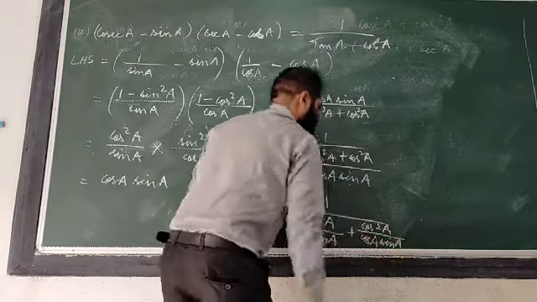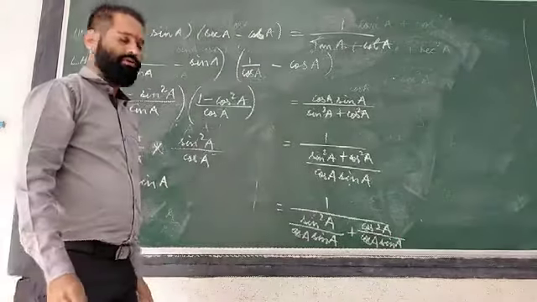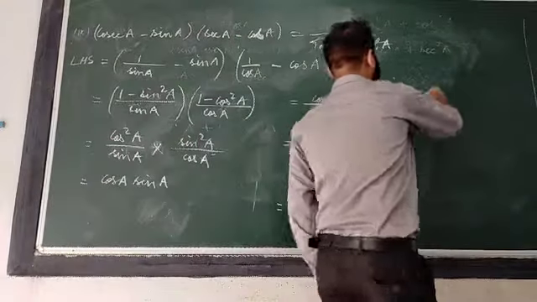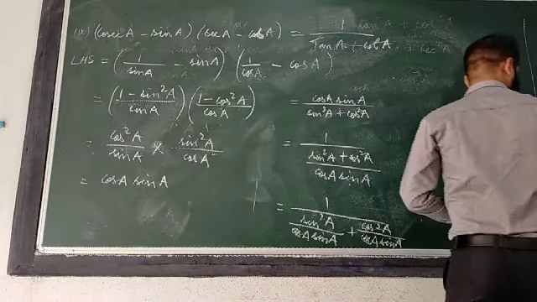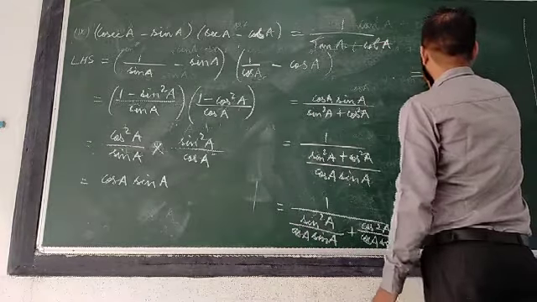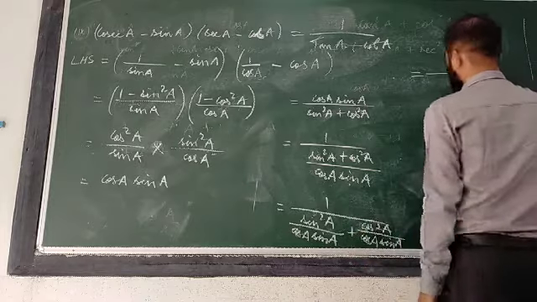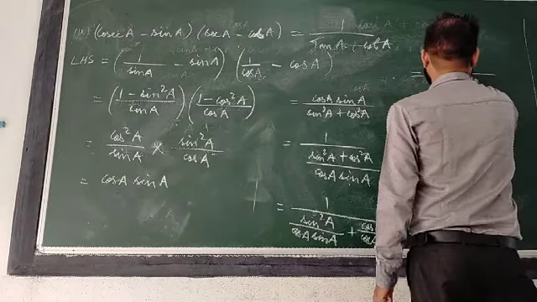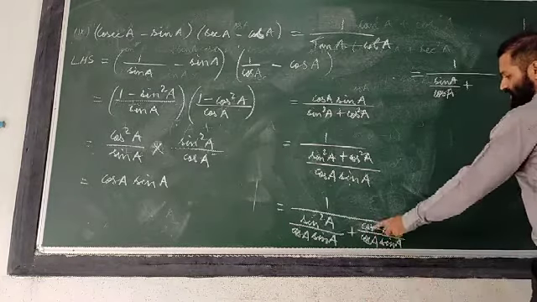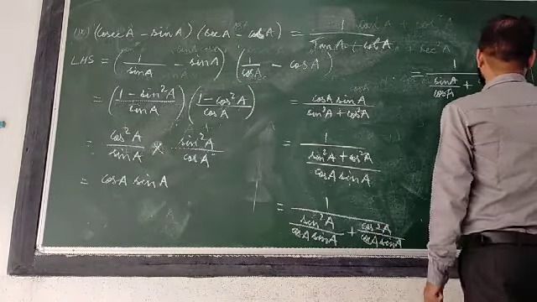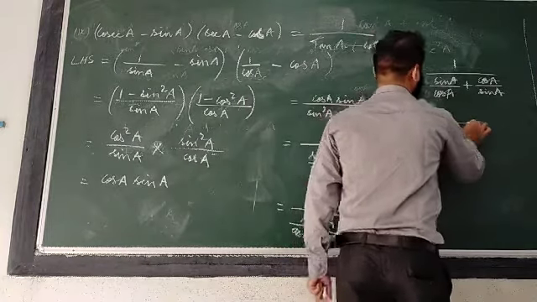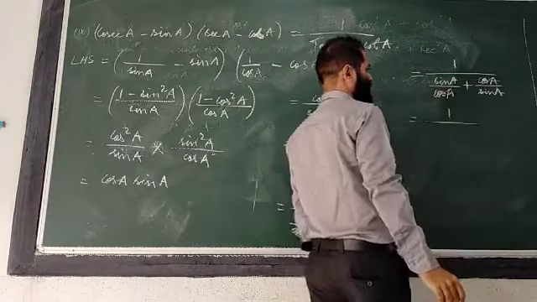Any problem? Now sin and sin can be cancelled, yes or no? So we will have 1 by sin A by cos A, plus, and this cos can be cancelled, so we will have cos A by sin A. Now this can be written as 1 by sin by cos, which is what?